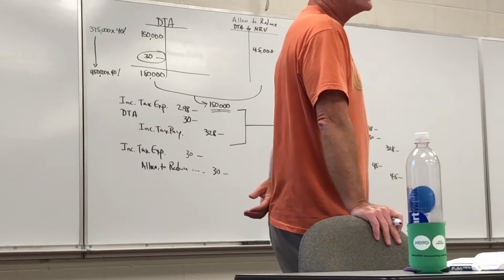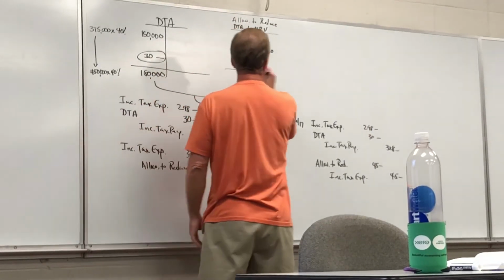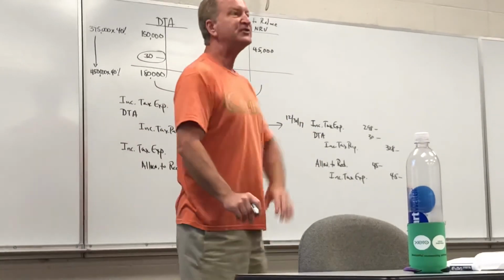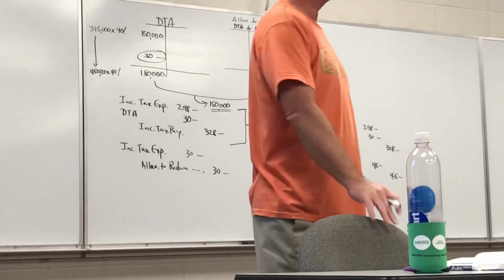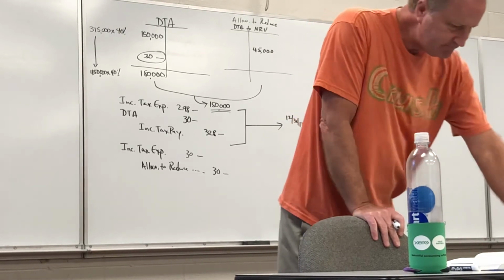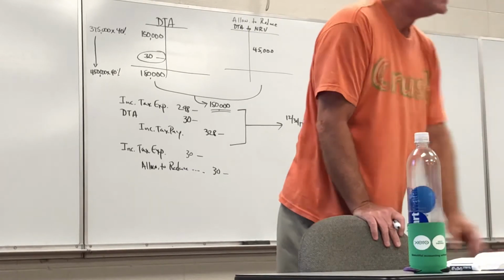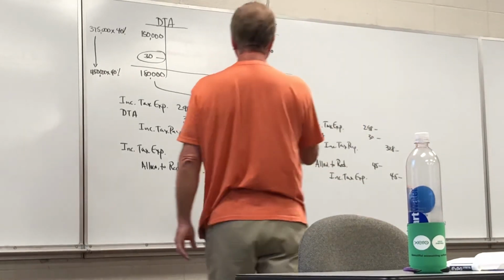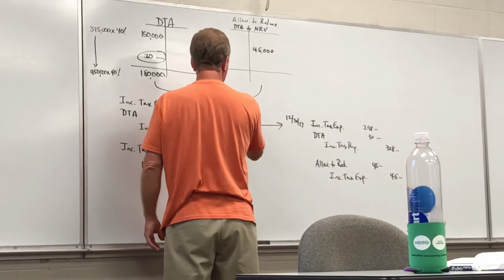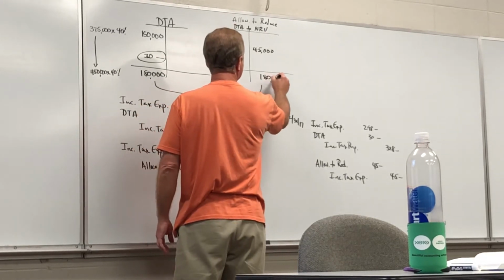Okay, now in part B it says, at the end of 17, you decide none of this DTA is going to be beneficial to you. Isn't that what it says? Assuming it's more likely than not that none of the DTA will be realized. So that means you want the net amount to be zero, so this has to be 180,000.